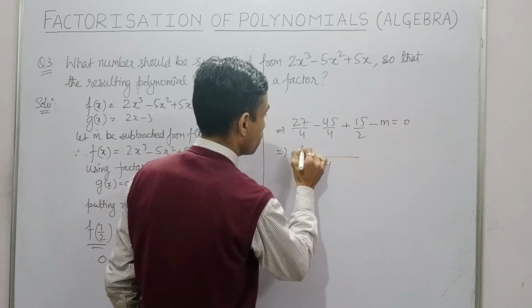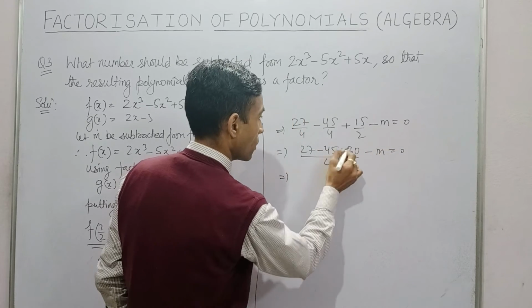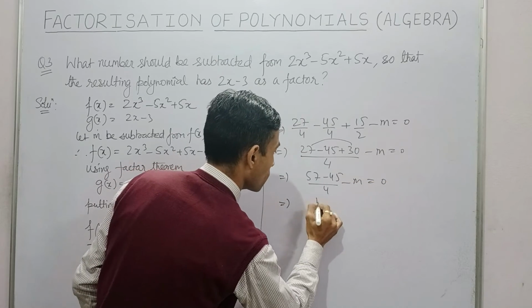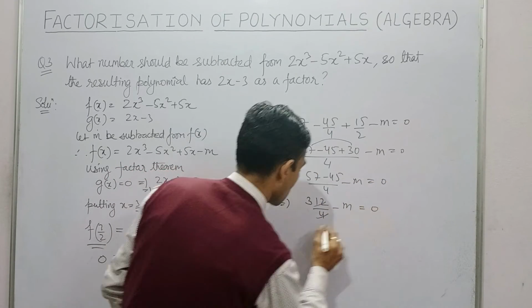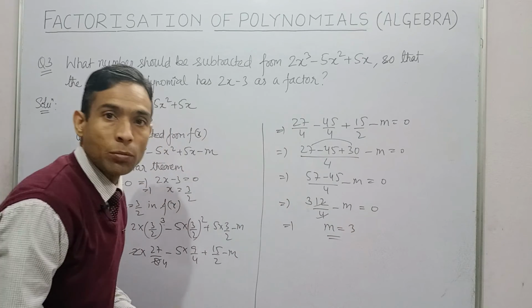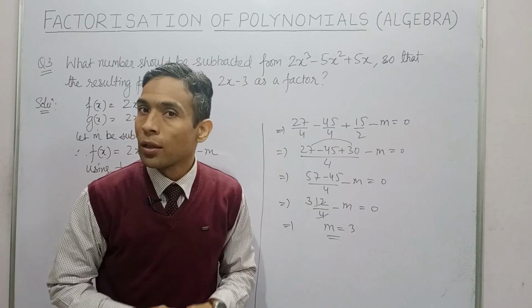Taking LCM, therefore the value of m is 3 and m should be subtracted from the given polynomial. Now let's do our next question.